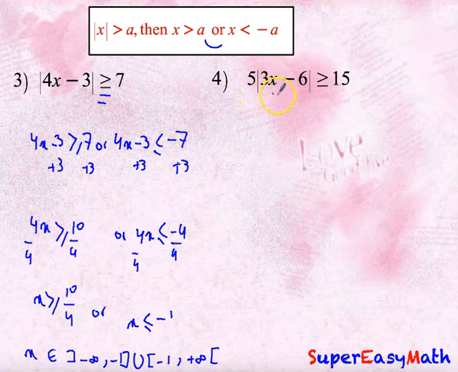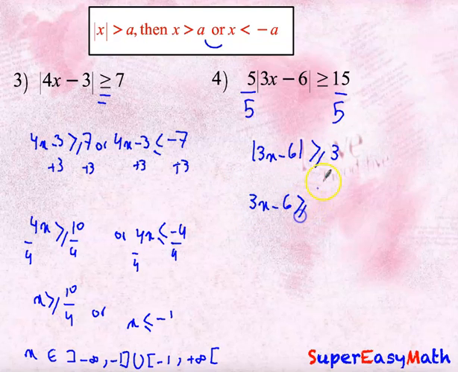5 multiplied by absolute value of 3x minus 6 greater than or equal to 15. So we have to remove this 5 first, divide by 5. So absolute value of 3x minus 6 greater than or equal to 3. Now to remove the absolute value, we will say 3x minus 6 greater than or equal to 3, or 3x minus 6 smaller than or equal to -3.